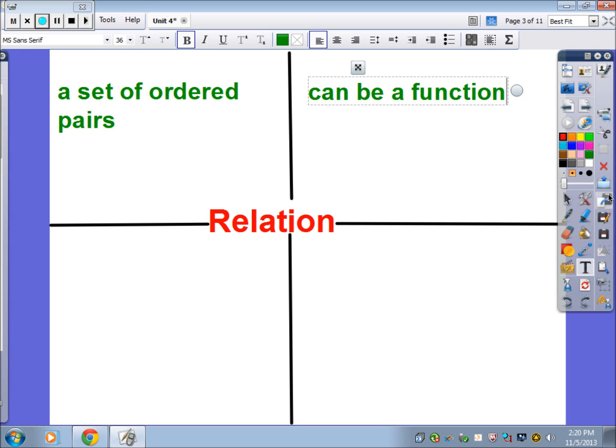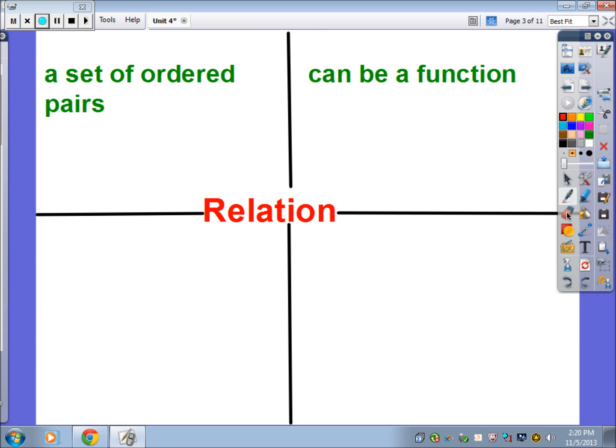You can have a relation that is an XY chart. You can have a relation that's a map.